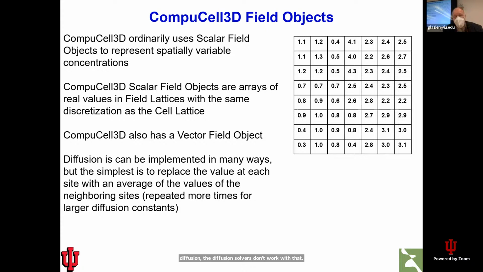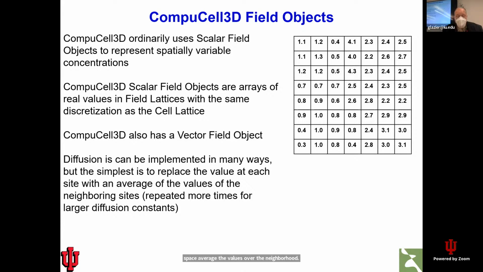There are many ways you can actually numerically solve the diffusion equation. There are very fancy ones that are very computationally efficient. The problem with those is they tend to be restricted to particular geometries in particular situations, like the diffusion constant has to be the same everywhere in the simulation, or the shape of the simulation has to be a cube. The simplest way to do diffusion is to, at each point in space, average the values over the neighborhood.